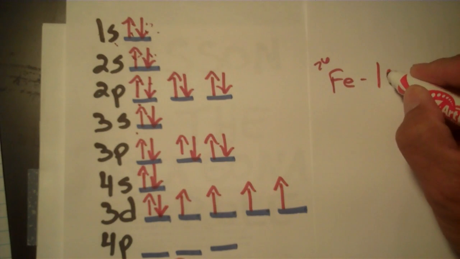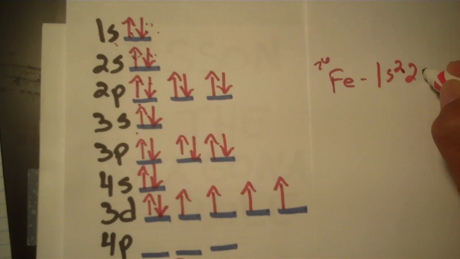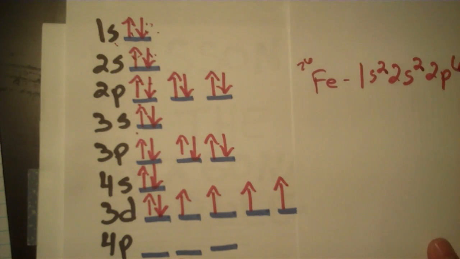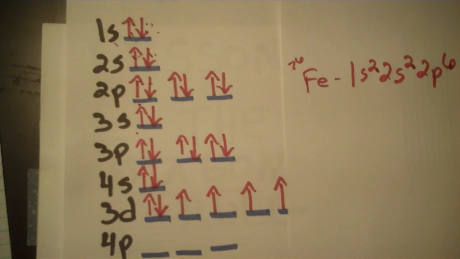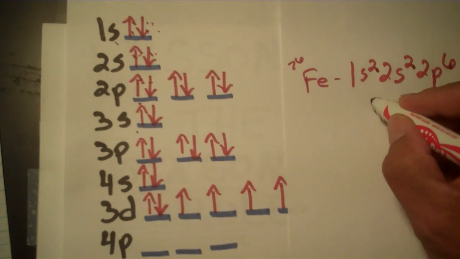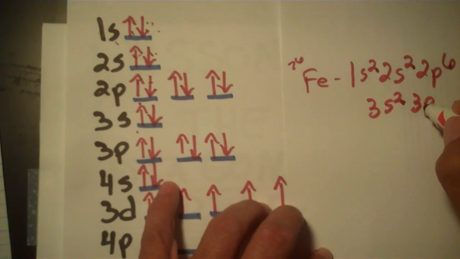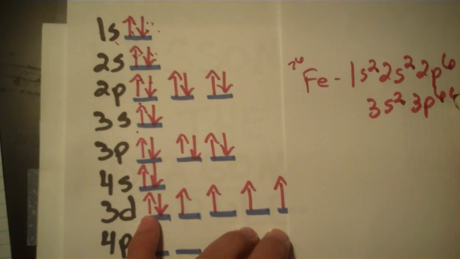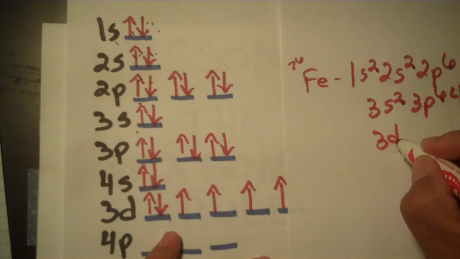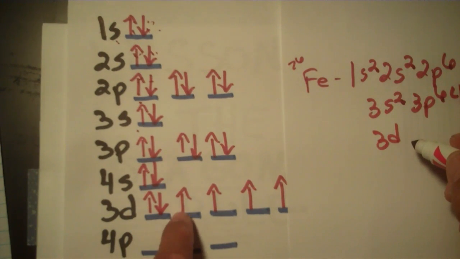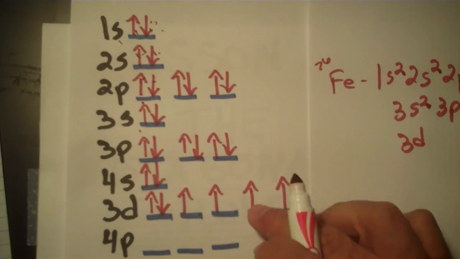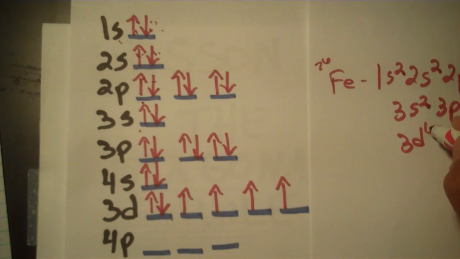I have 1s2, 2s2, 2p6. I'm running out of room over here to show you. I'll put it underneath. 3s2, 3p6, 4s2, and then on my 3D I have 1, 2, 3, 4, 5, 1, 2, 3, 4, 5, 6.